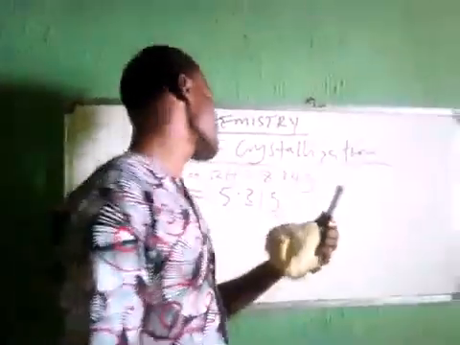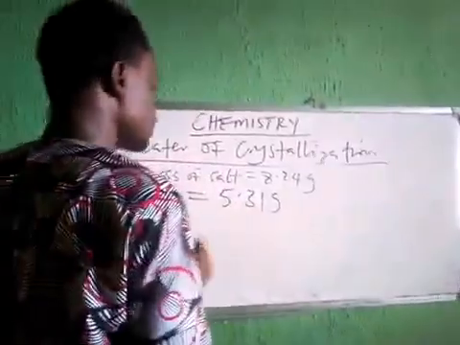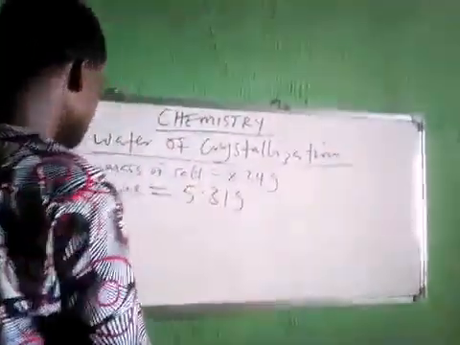Then the mass of water evaporated. How do you get the mass of water that is evaporated? It is to remove this from this.